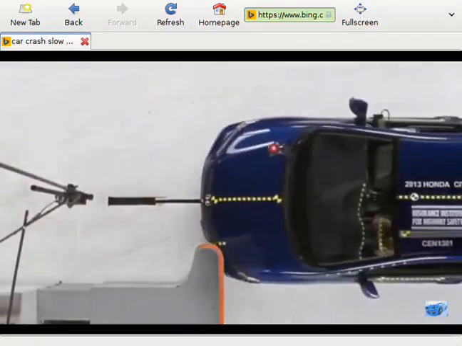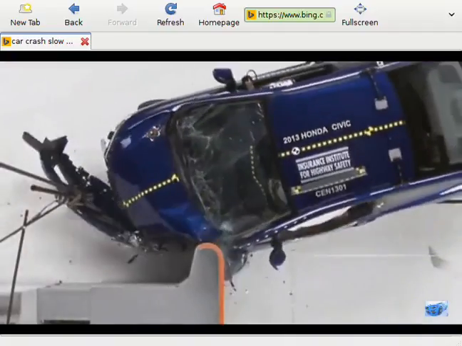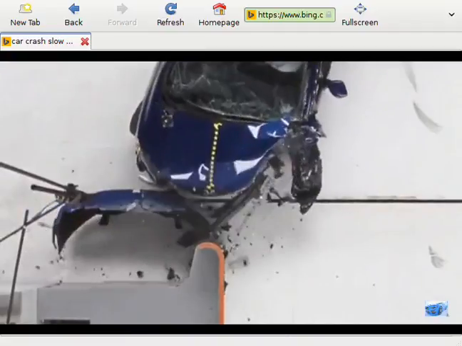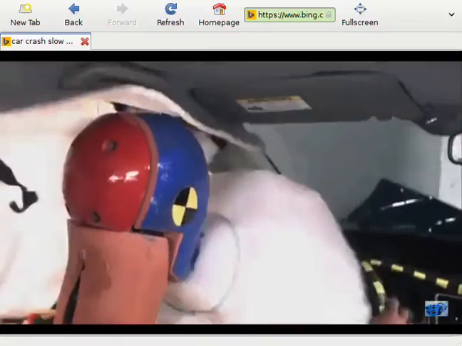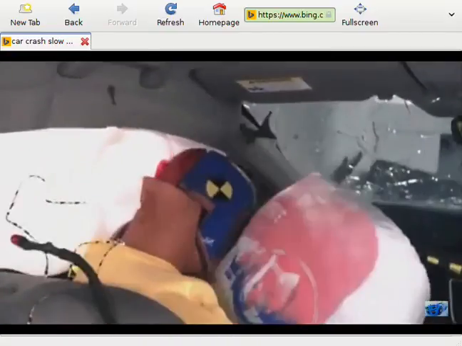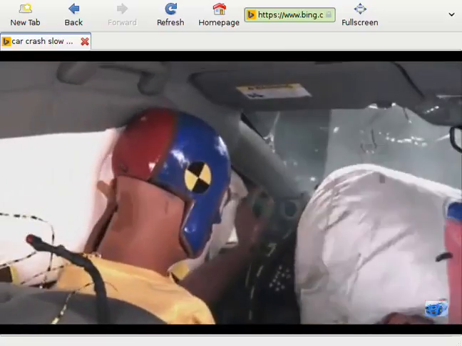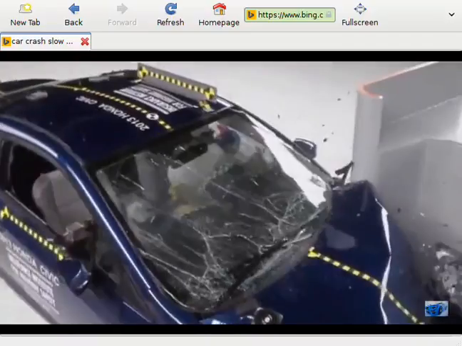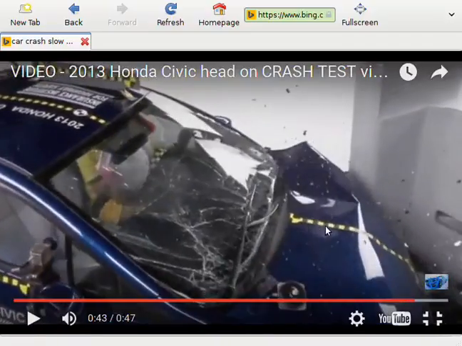First one. Boom. No. This one is great looking, but I think this is the one I really want. Not great, but you can see. No, that's terrible actually.